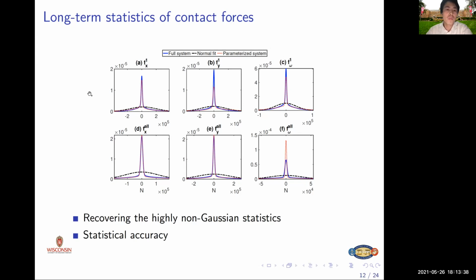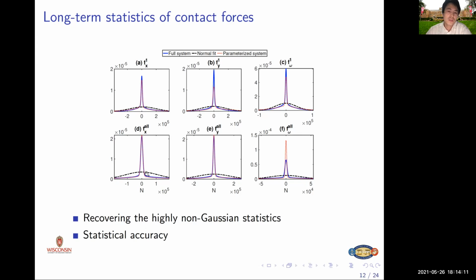So here the top row shows the contact forces for the largest floe. The first observation is that we see a highly non-Gaussian feature in the PDF, and the parameterized system has a good match statistically with the full system. So we are recovering this highly non-Gaussian statistics.